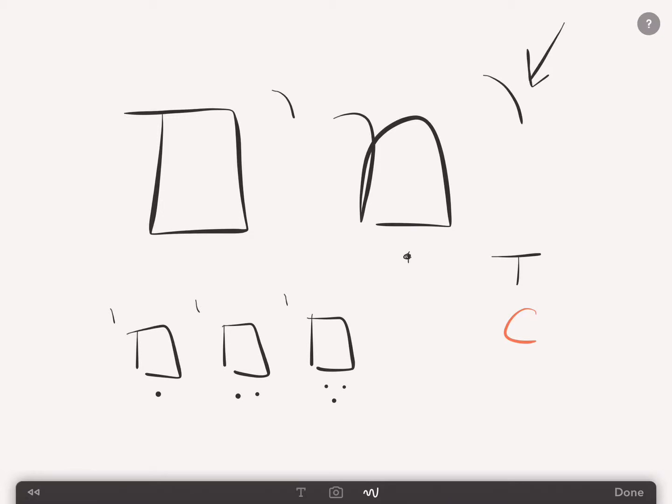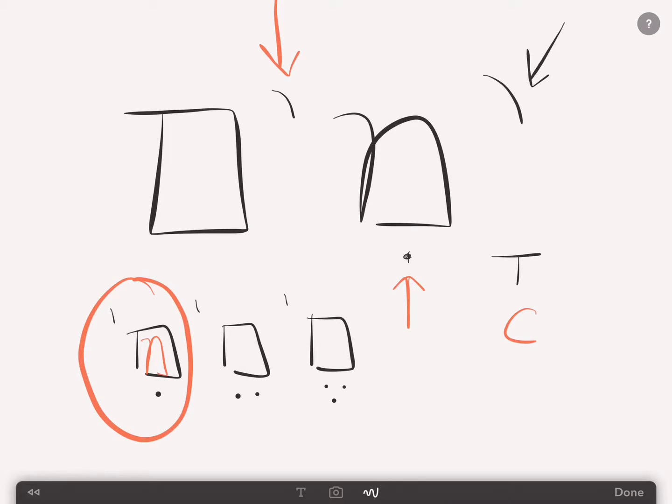The next one, this yod right here, it looks like a vowel, right? If this box represents any consonant, then that yod with a hirik under the consonant, this hirik right here, actually does look like one of our vowels. So the next question is, is it the vowel? Well, let's go back to every consonant must have a vowel or schwa, and every vowel or schwa has a consonant.